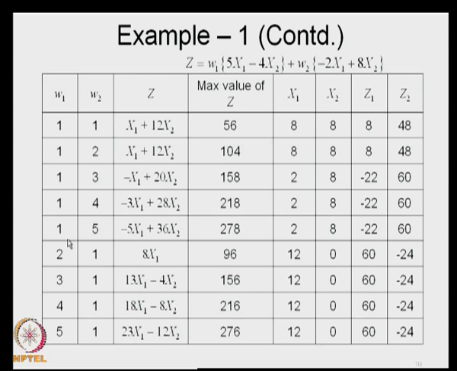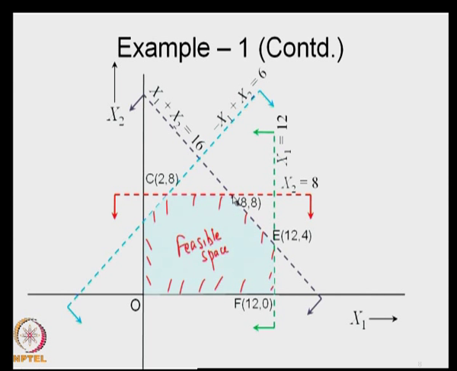Then what we will do is, we will retain w2 at 1 and start increasing w1. So, w1 starts now, in this particular case for the type of problem that we have, it yields the same solution, 60 minus 24 for all of this. However, you look at what was happening here, you got 8 as one of the solutions. So, as you change your weights, you are moving from one corner to another corner.